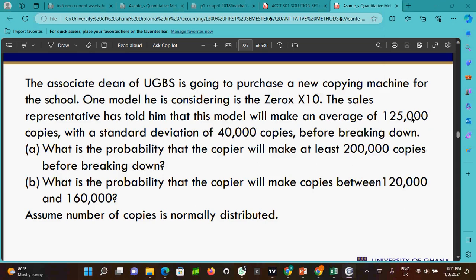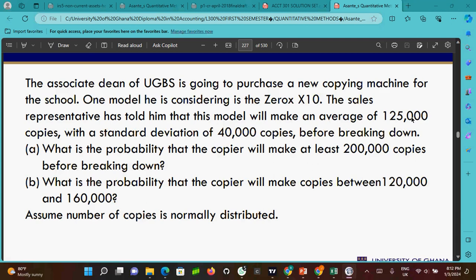The Associate Dean of UGBS is going to purchase a new copy machine for the school. One model he is considering is the Xerox X10. The sales representative has told him that this model will make an average of 125,000 copies with a standard deviation of 40,000 copies before breaking down.